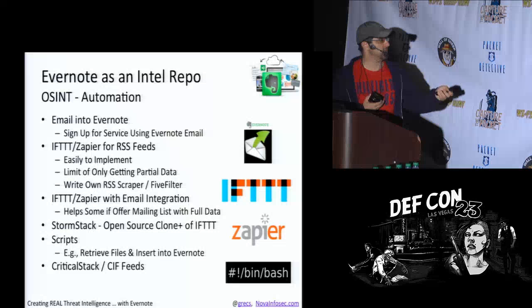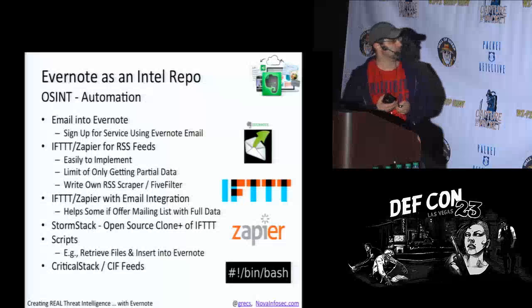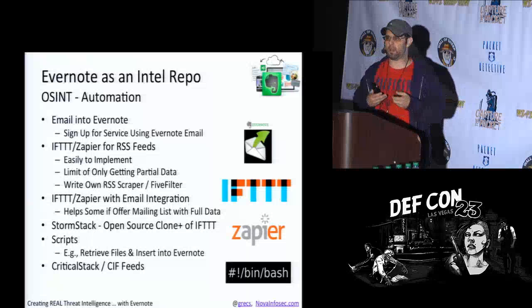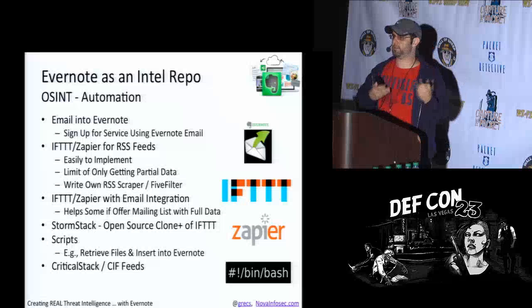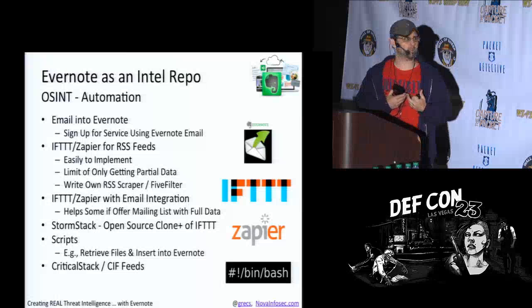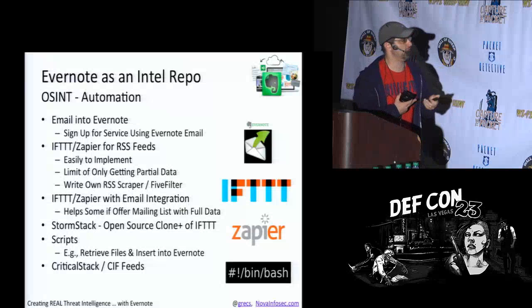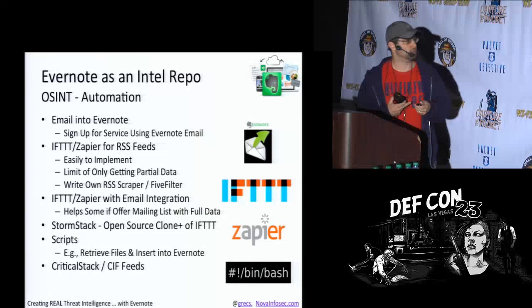And then lastly, scripts. One of the things that I haven't been able to do yet is, I was talking about those text files that you would want to pull in on a periodic basis that have the bad IPs, bad domains, fun stuff like that. I hadn't been able to figure that out.